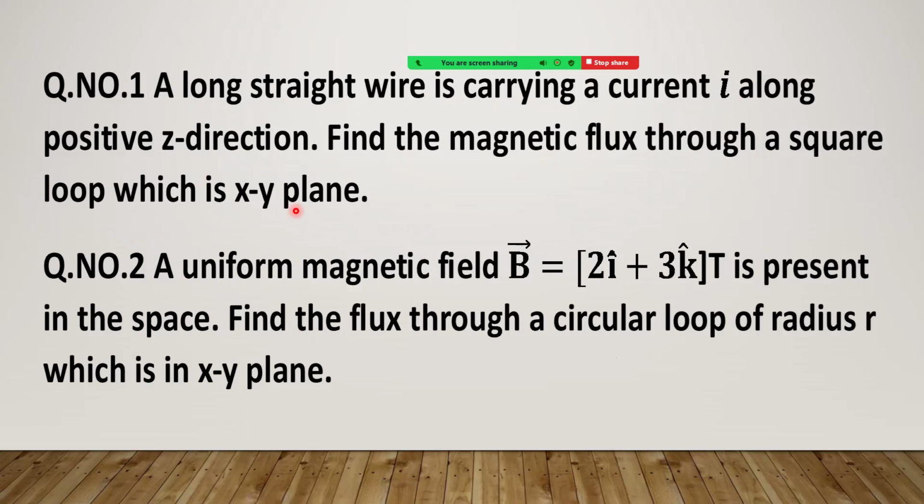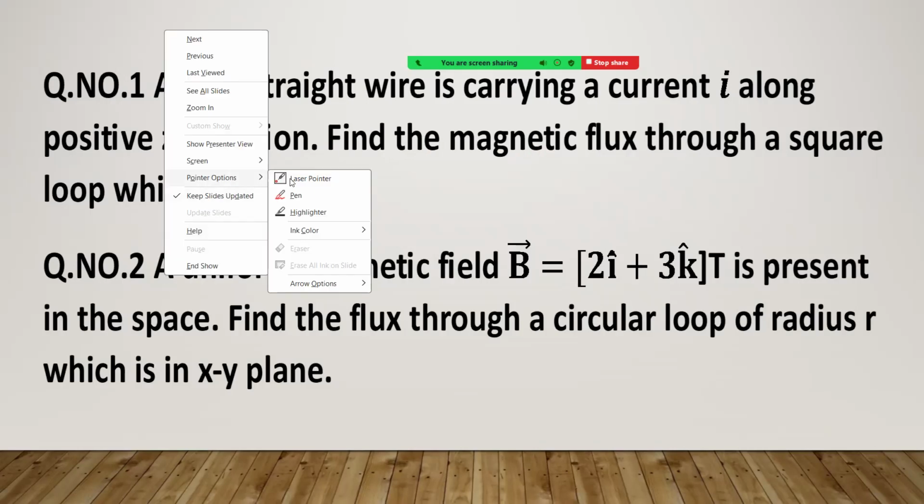So it is given that a long straight wire is carrying current along the positive z direction, and we have to calculate the magnetic flux through a square loop in the xy plane. See how to calculate that.